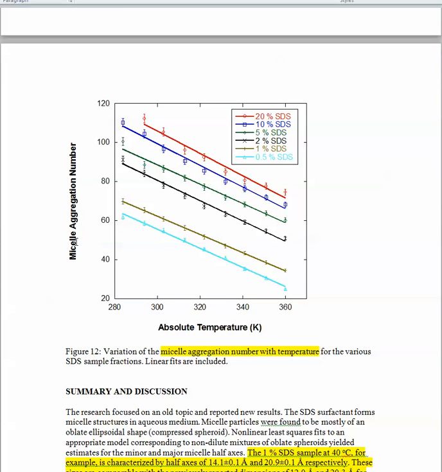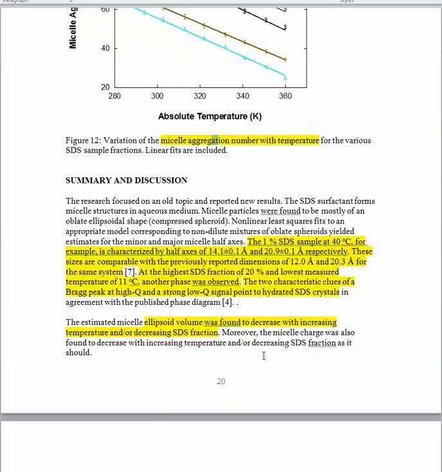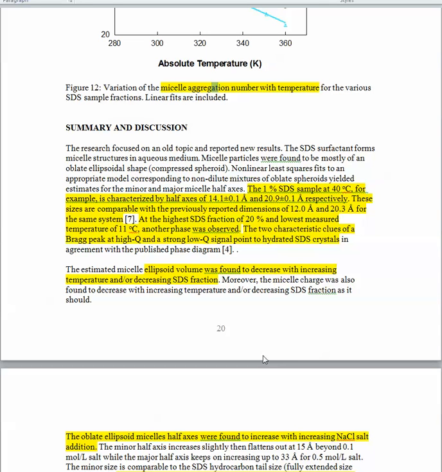We also obtained the micelle aggregation number, which goes down with temperature. Looks like heating up softens these micelles. They get smaller. Since they get smaller, there's less material inside. So in other words, doing fitting to the model and then following through with a set of material balance equations, we get more information that way.